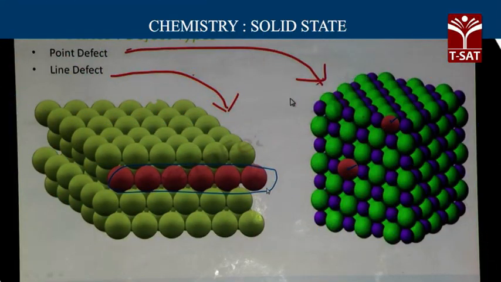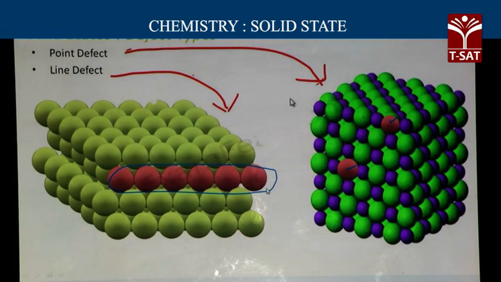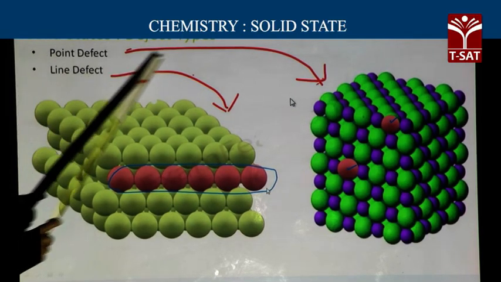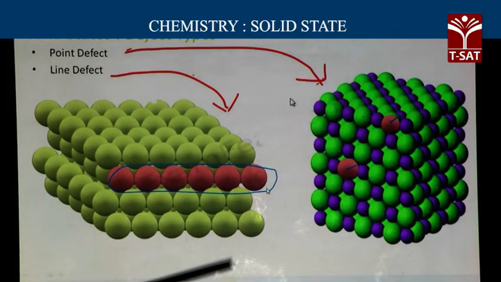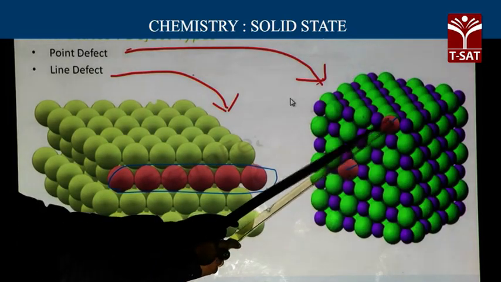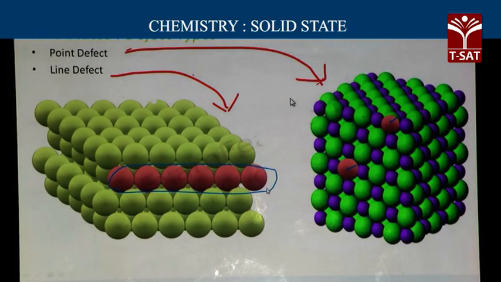If you observe here, the crystal defects are mainly classified into point defects and line defects. Point defects, see here throughout the crystal is okay, but at here and here, due to the presence of another sphere which is unwanted here, or sometimes due to the vacancies some defects occurs, those are known as point defects.